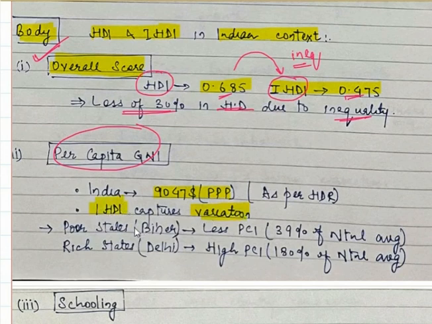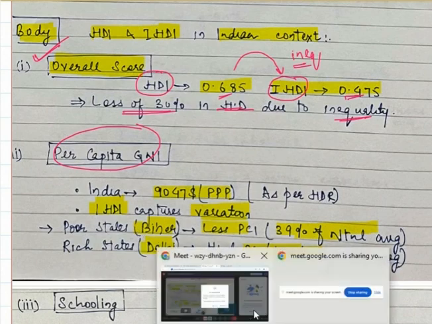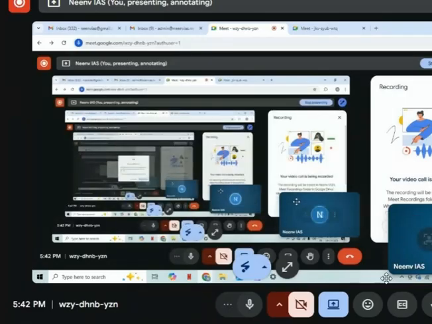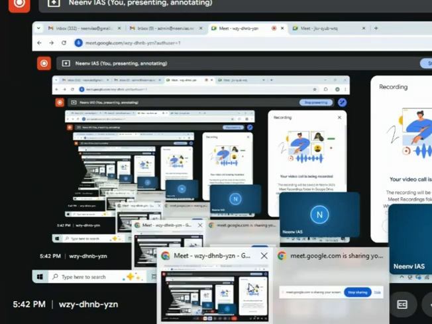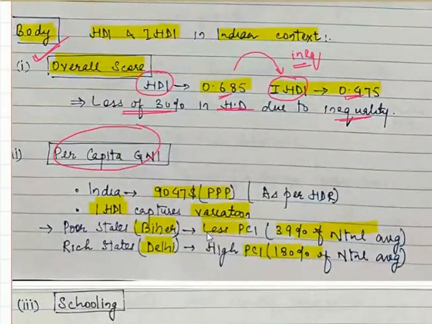For example, some states like Bihar, their per capita income is just 40% of national average. And some states like Delhi, they are rich states and their per capita income is 180% of national average. This comparison between two states can be done only through IHDI. Then let's move to the next part.